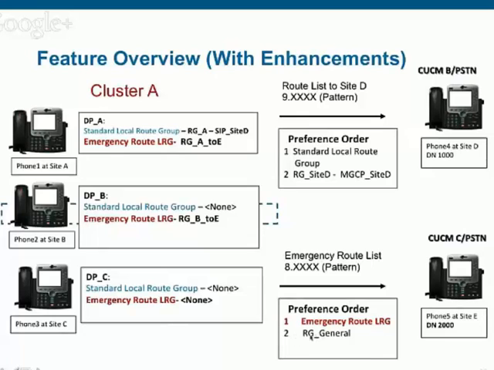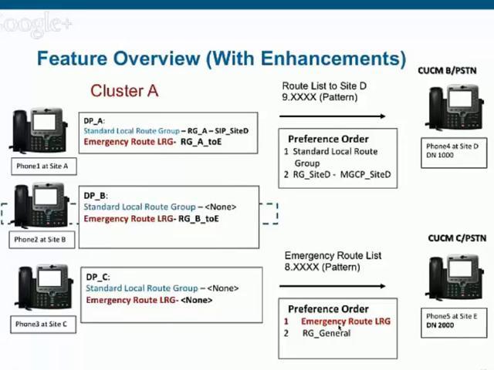And if you see, there's a secondary route group here in the preference order of the A.xxxx pattern. So that remains the usual, how it used to be. The route group preference remains the same as in older versions, so you can have multiple route groups within the route list.